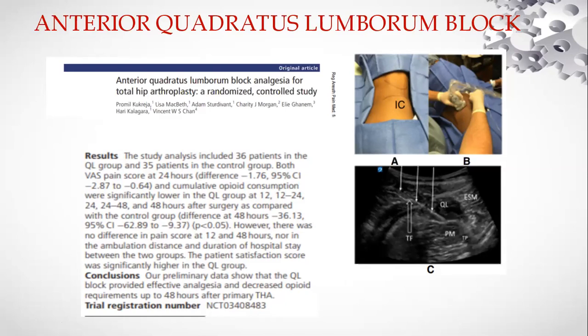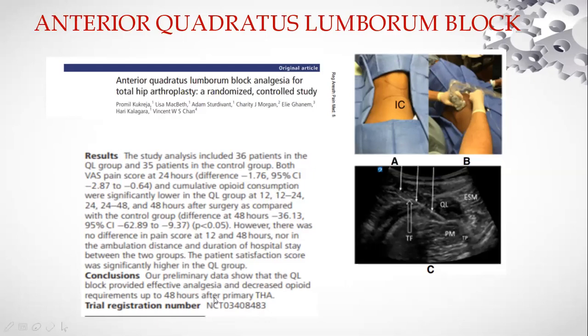We've also seen that when we visualize the lumbar plexus for the lumbar plexus block, it is found deep to or within the substance of the psoas major. So when you deposit the drug here, there is definitely going to be an effect on the analgesia of the hip as well.